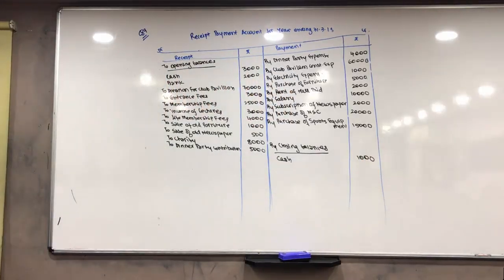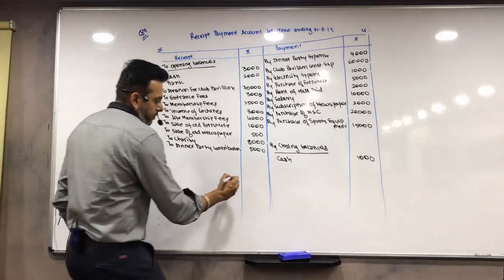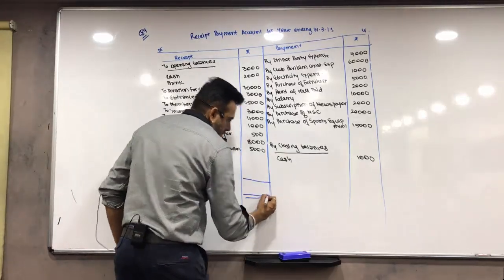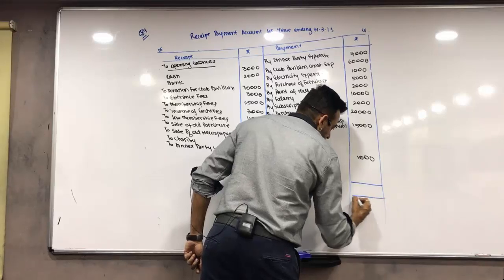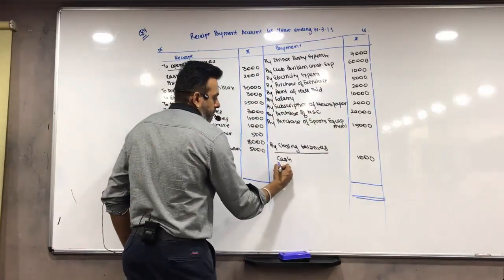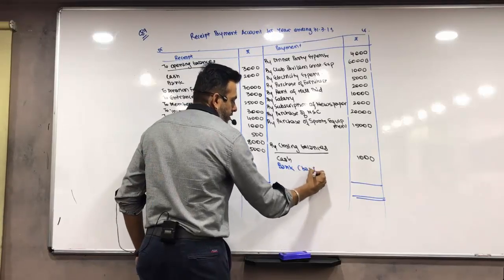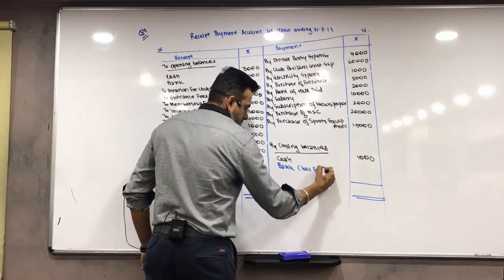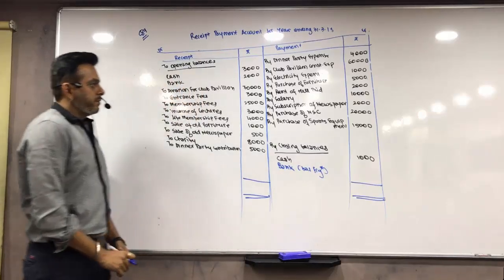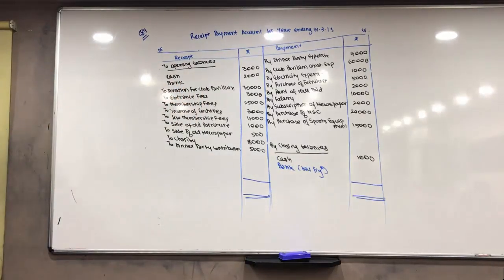Now we have to find what? Closing cash balance आ गया. We have to find what? We have to find the closing bank balance. Okay? So same way, receipt side is always going to be more. Balancing. Total of debit side minus credit side. 124500.